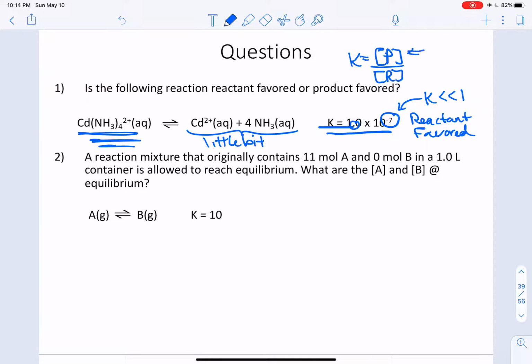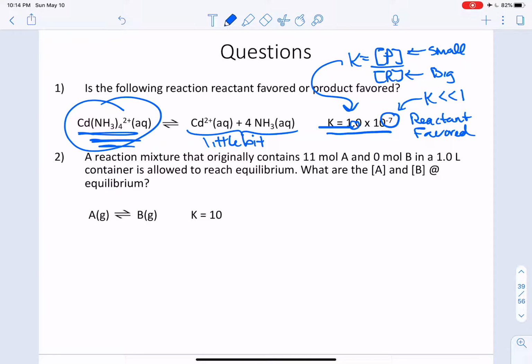And if you have just a little bit of product, so you have a small number up here, and you've got a lot of reactants sitting around, that's a big number down there. And that's going to give us a small K value, which we have. It's a lot less than 1. So we have a reactant favored reaction here. Okay, so that means we've got lots of reactants sitting around and it doesn't make much product.